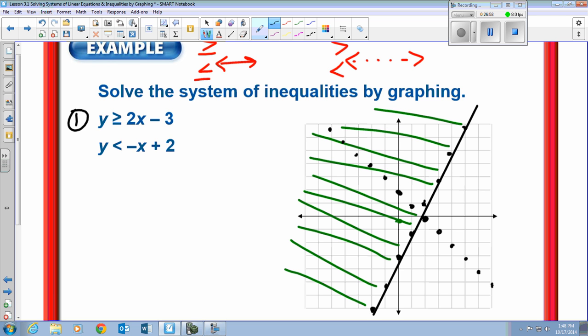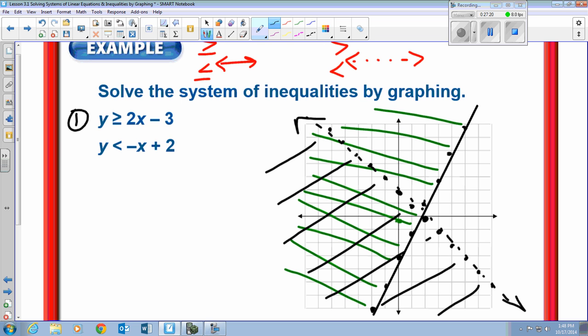And what kind of line do I have now? A dashed line, dotted line, right? And I want everything y is less than that line, so that should be below. If I test the point 0, 0 is 0 less than 2. So now I'm going to shade below.